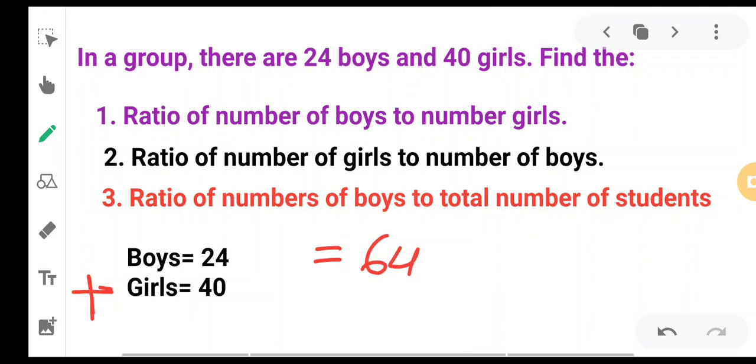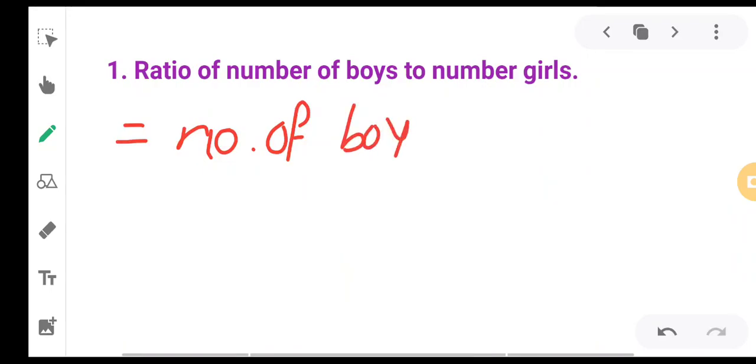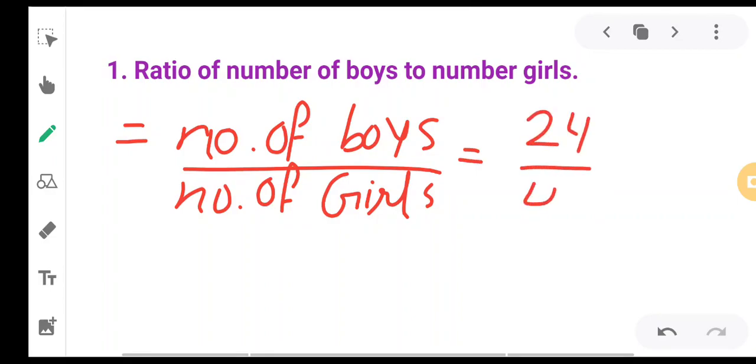Now let's start, students. We move on to solve the sums. First we have to find the ratio of the number of boys to the number of girls. The number of boys is 24 and the number of girls is 40.